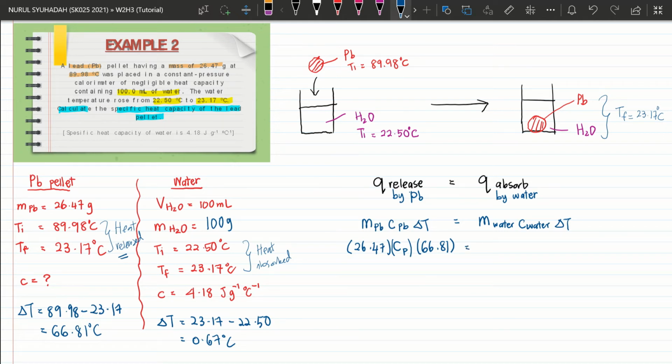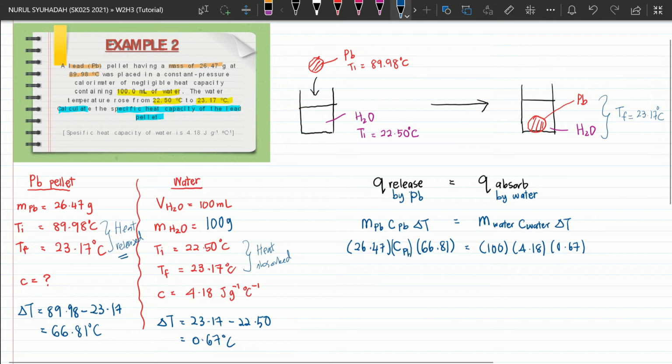So the mass of water is 100 ml, specific heat capacity of water 4.18, and delta T for water is 0.67. Remember, the delta T is different because they have different initial temperature. Okay, so calculate everything, rearrange and calculate.